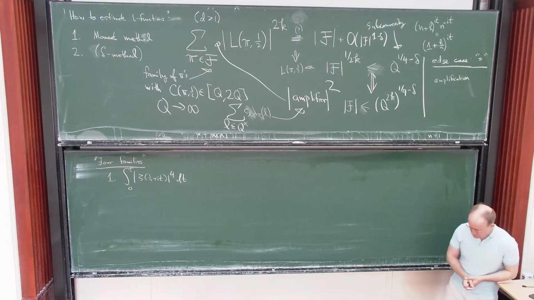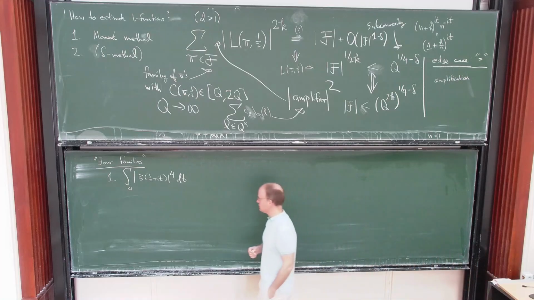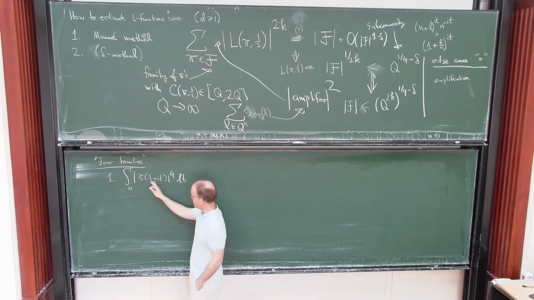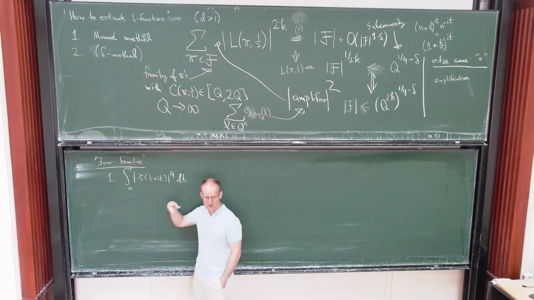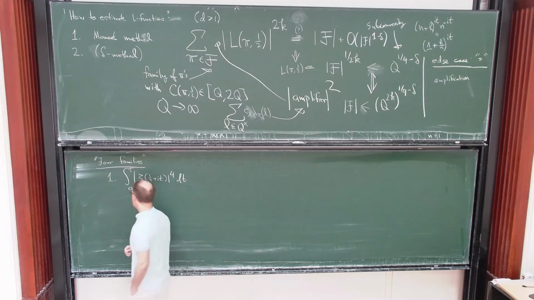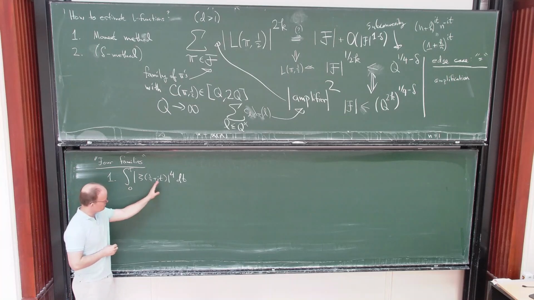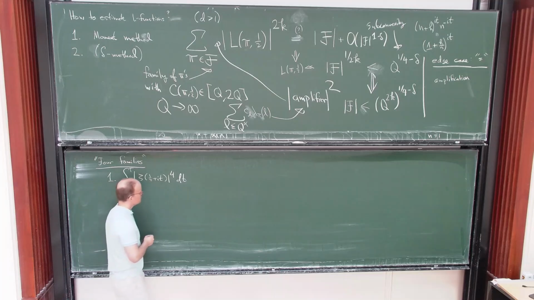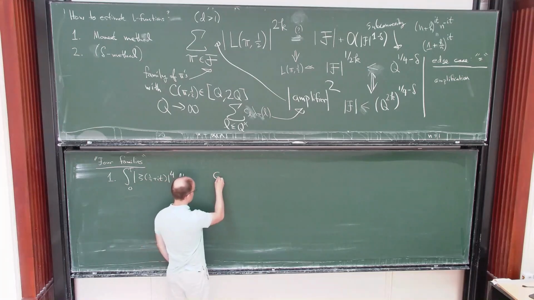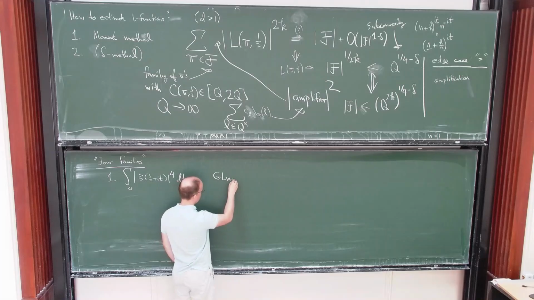There's also a GL2 analog of this, where you replace zeta to the 4th with a GL2 L-function to the 2nd power. This is for GL2 and GL1.